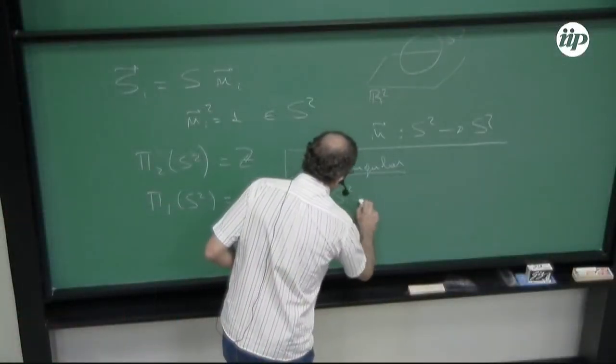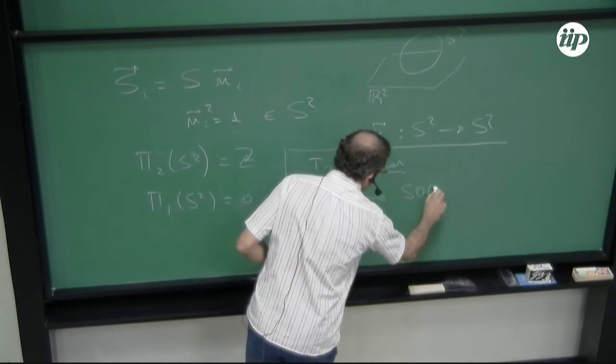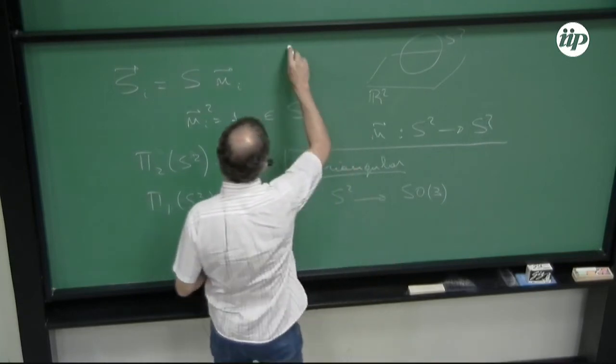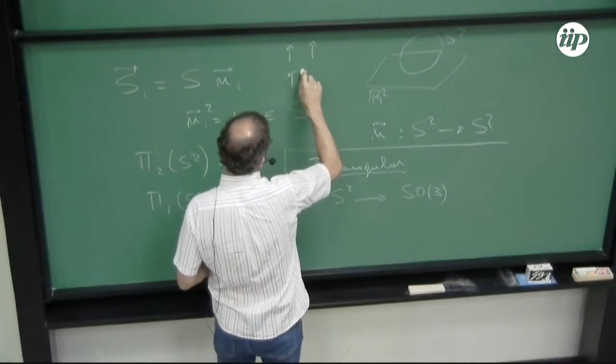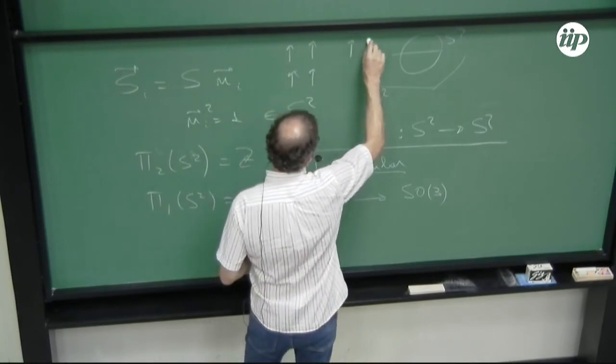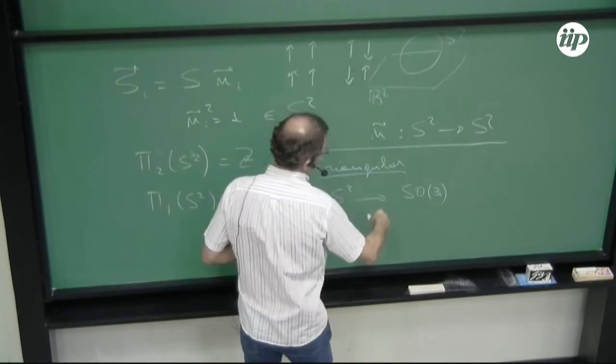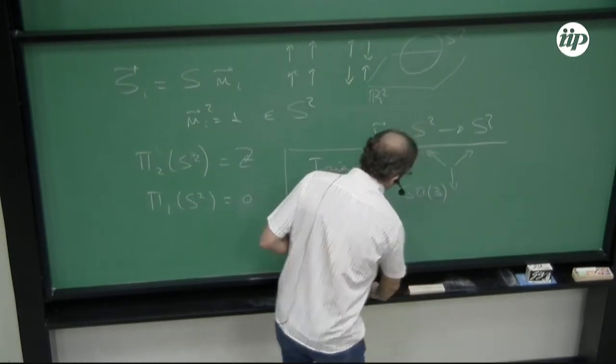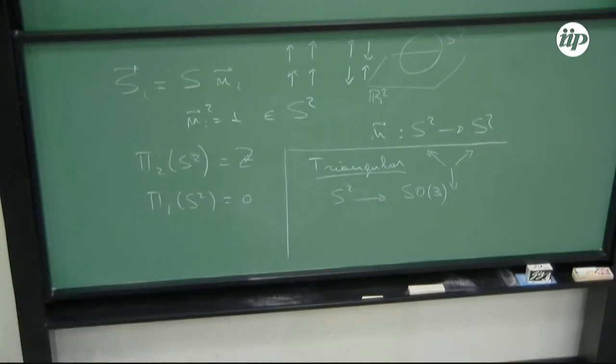And having noticed that now S2 is no longer there, but SO3, this is related to the structure of the ground state. So in the bipartite lattices, either you have this or this. Here, what you have in the ground state is something like a 120-degree structure, and this has to be characterized with some other variable, which is an SO3 matrix, and this is what gives rise to these Z2 vortices.